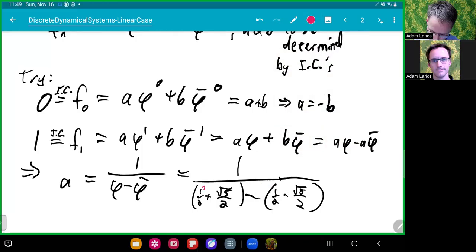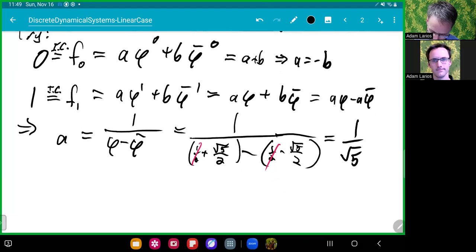Notice that the 1/2 halves cancel. We get the minus, and a minus gives us a plus. So we get square root of 5 plus square root of 5 divided by 2. That's just square root of 5. So this is 1 divided by square root of 5. And that means that B is negative 1 divided by square root of 5 because B was just negative A.